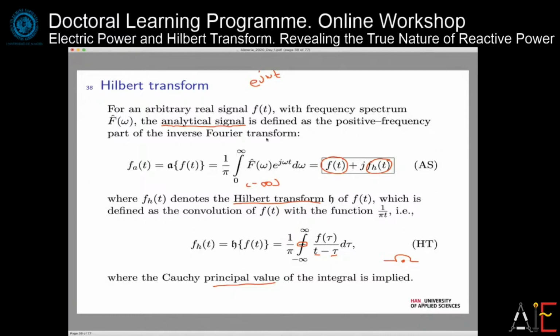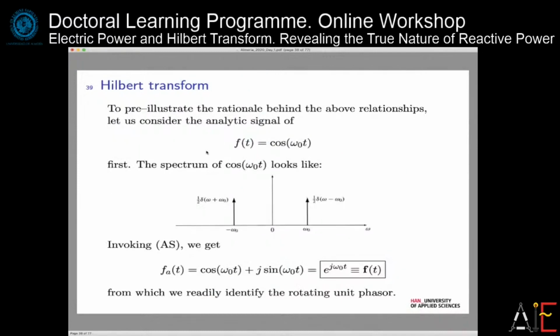So remember, the positive frequency part of the inverse Fourier transform. Let's have directly an example to show you how it works. Suppose I have this real signal, just the cosine of some frequency. It could be the 50 Hertz component, which I now denote by omega naught, because I reserved omega for the whole set of frequencies.